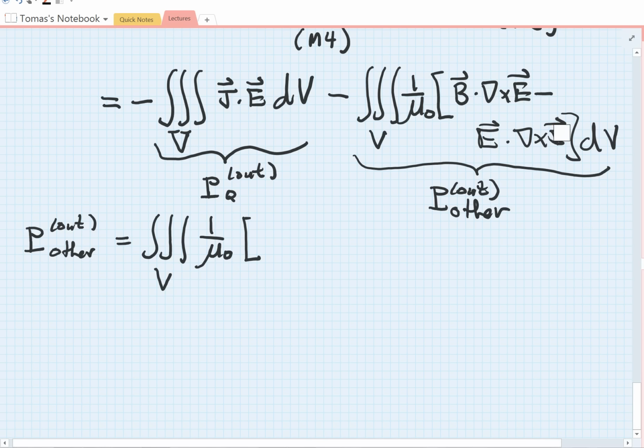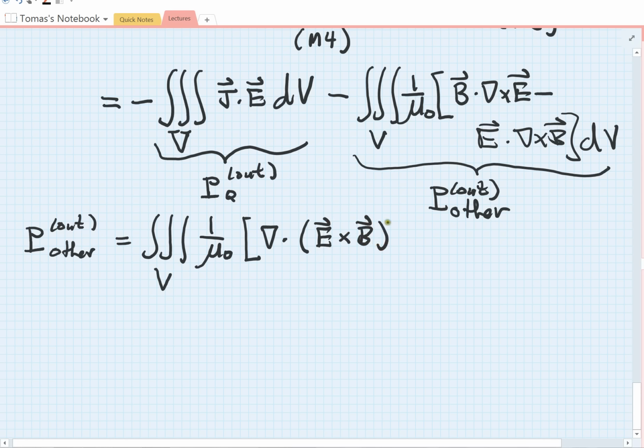And it turns out there is in fact a famous vector identity that says whenever I have this combination, that is exactly equal to the divergence of the cross product of the electric field with the magnetic field.